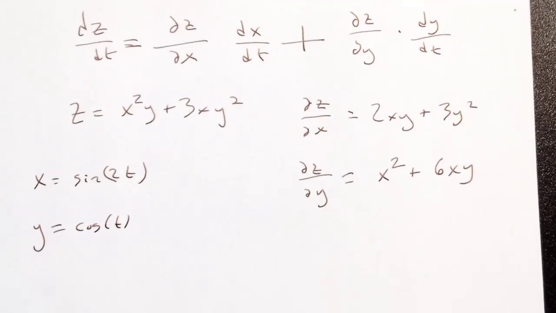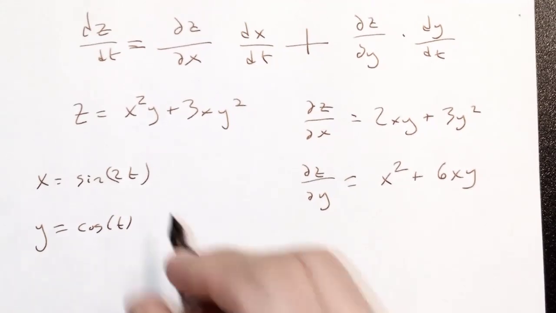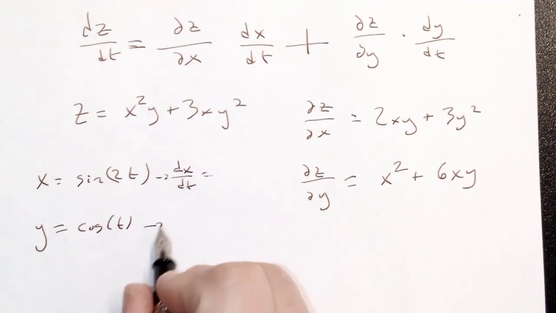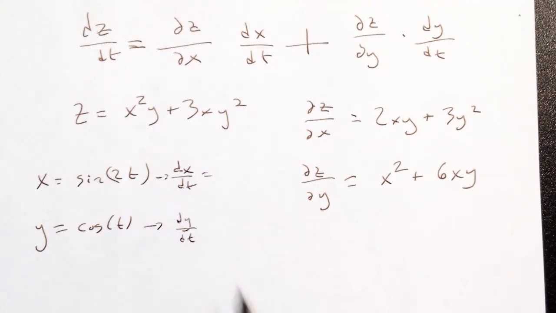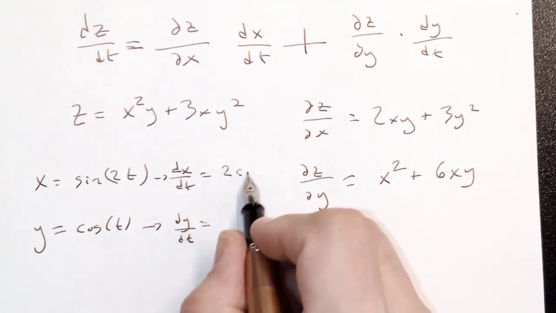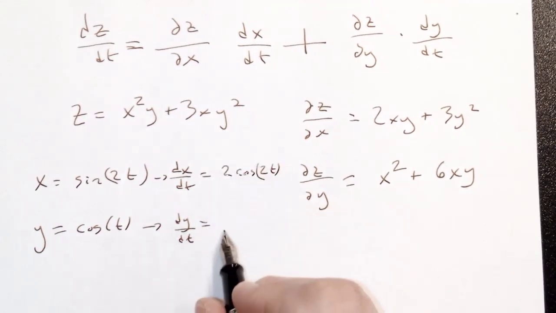What's the derivative of x with respect to t? Sorry, not partial. That's a regular derivative. That's dx dt and dy dt. What do we get for those?